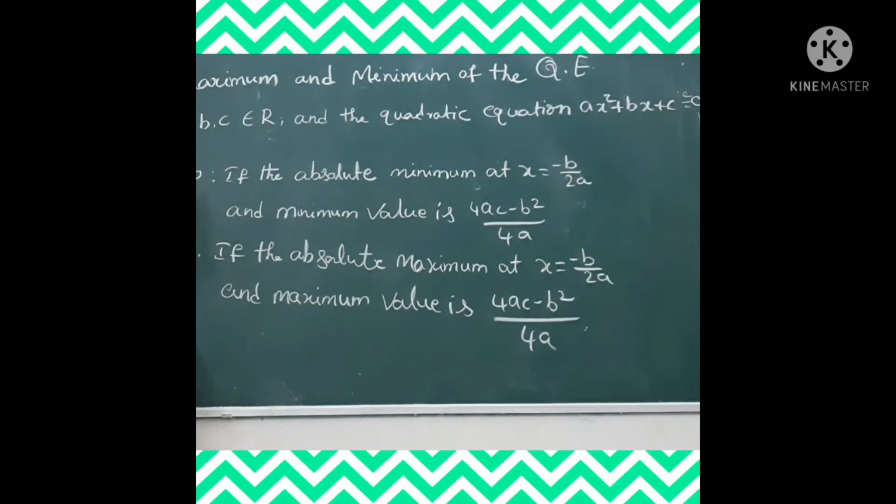And the second one is a is less than 0, meaning the a value is negative. Then the absolute maximum is at minus b by 2a and the maximum value is 4ac minus b square by 4a.